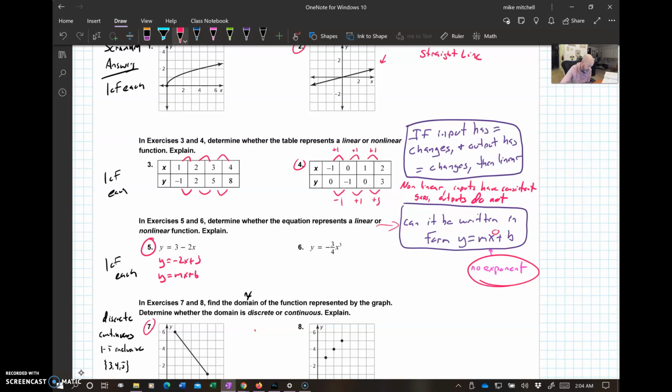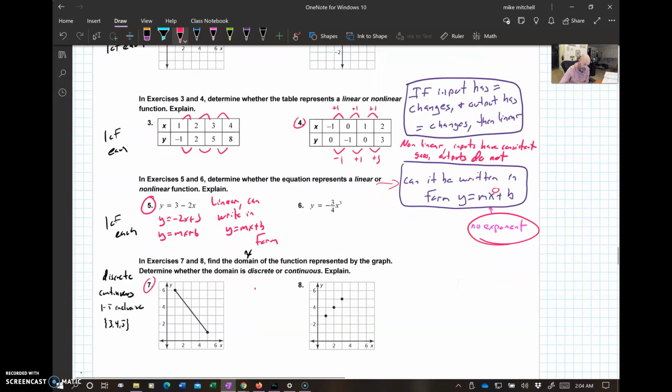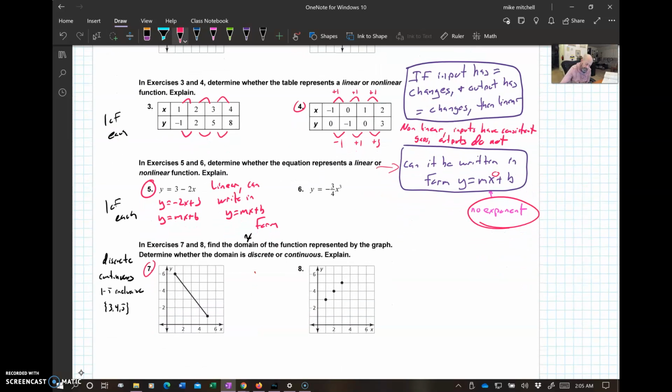Okay, so this is going to be linear. It can be written in y equals mx plus b form. And then I mentioned, if it's got an exponent on the x, it's not linear. Just take a look there.